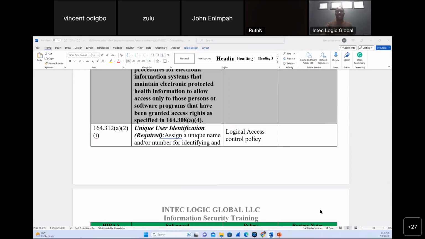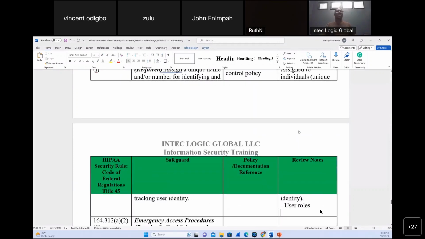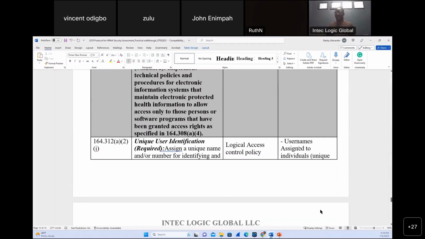So here you want to see that anybody that has access to the system, it could be an EHR, electronic health records, or any application they are using to process PHI, protected health information, must be assigned a username, something like that's unique to an individual.